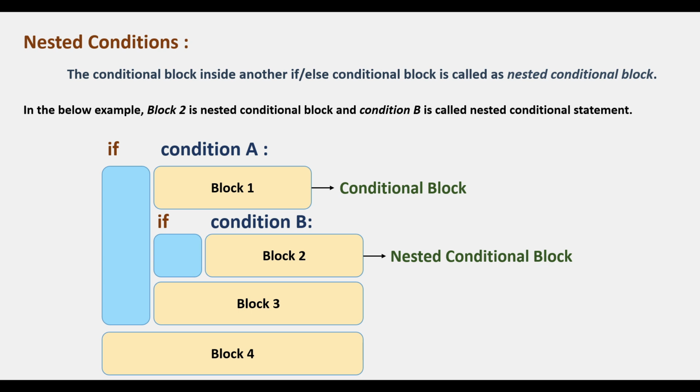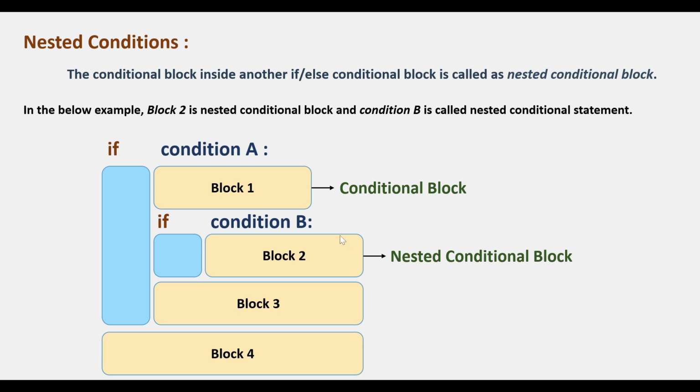Suppose he is a male person, and the male is a kid or an adult. Suppose he's an adult, he will be eligible to vote or not eligible to vote. I need to see these types of conditions one by one. This type of concept comes under the nested if. We will see practical examples.